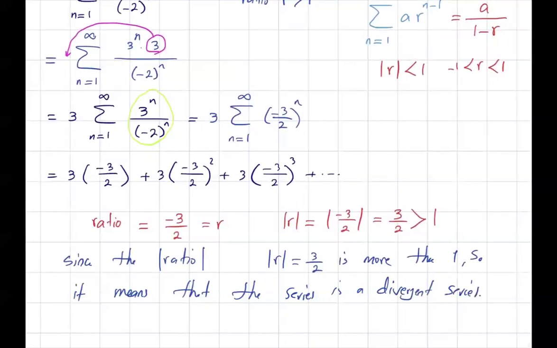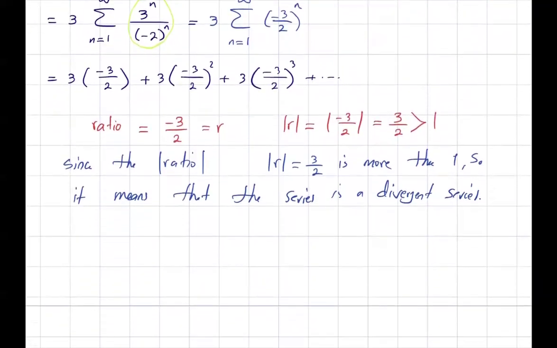It means that if you keep adding these terms together, it's not getting smaller, it's getting larger in size. The sum goes to a large number. You could also take the limit of the general term and see the limit is not equal to 0. That's another way to take a look at this as well.